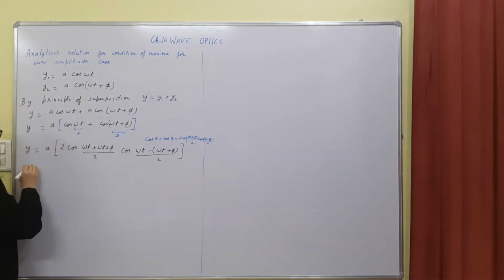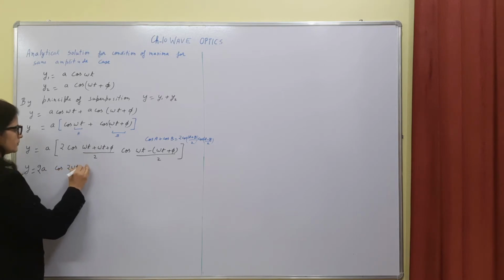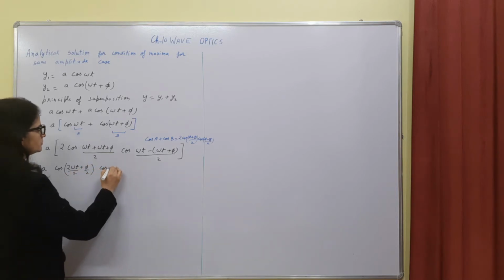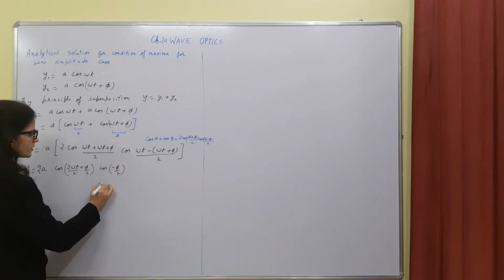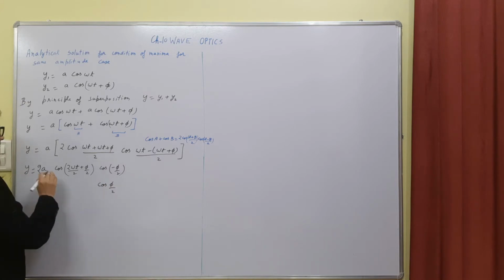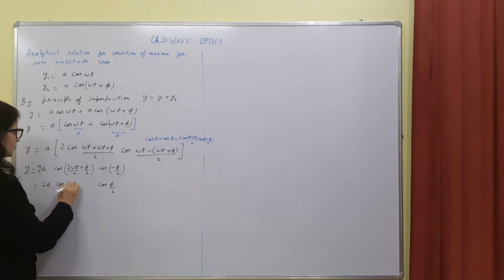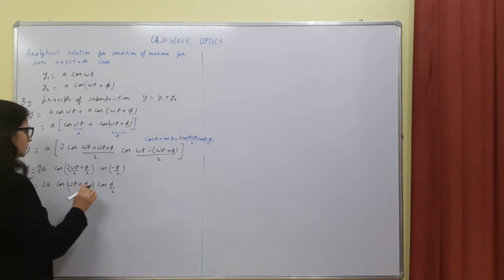Right? Let's solve it. This will be, and cos minus theta is plus cos theta, so this will be cos phi upon 2 and this will be 2a cos (omega t plus phi upon 2), right?